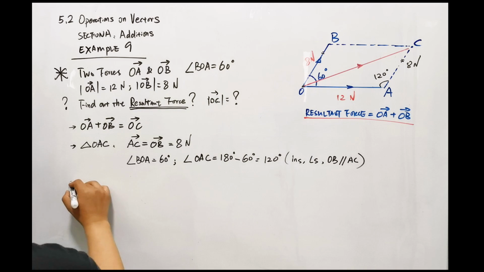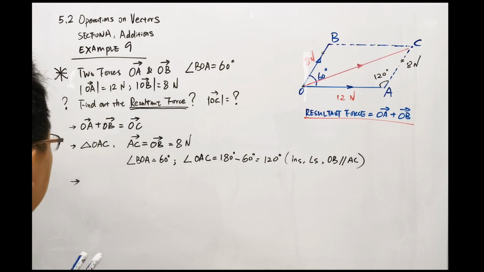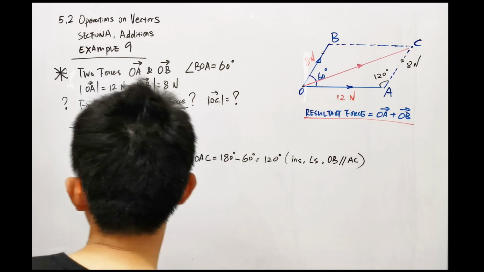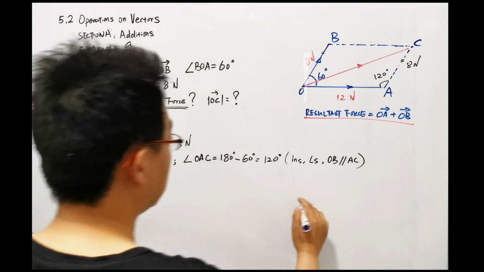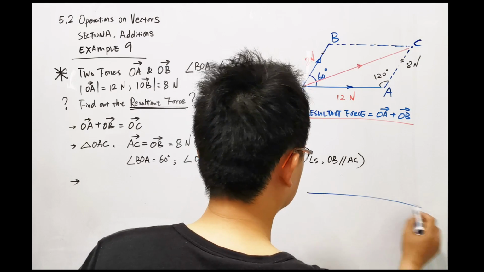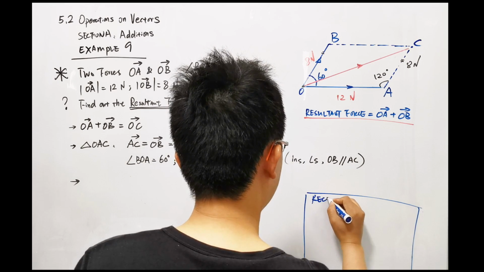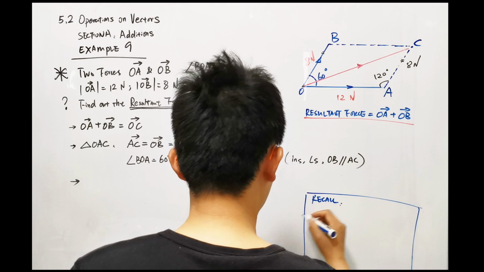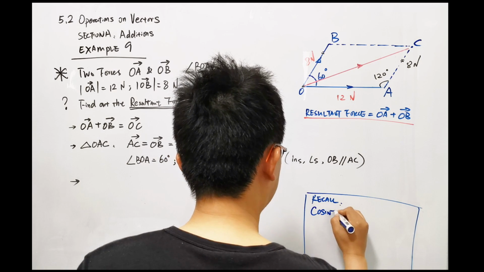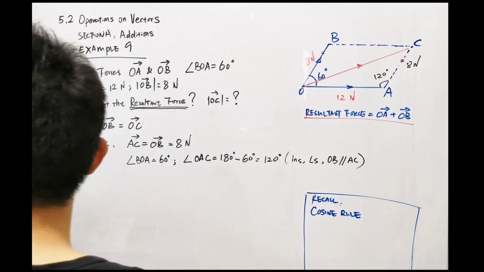In this case, okay, so now here is a very important concept, right? We're going to use a very important concept for this. Okay, in one of the triangle, let's look at here. Let's recall the cosine rules. Okay, so what is cosine rules?